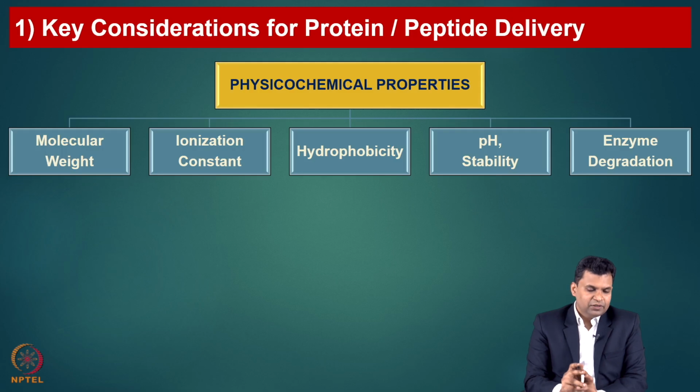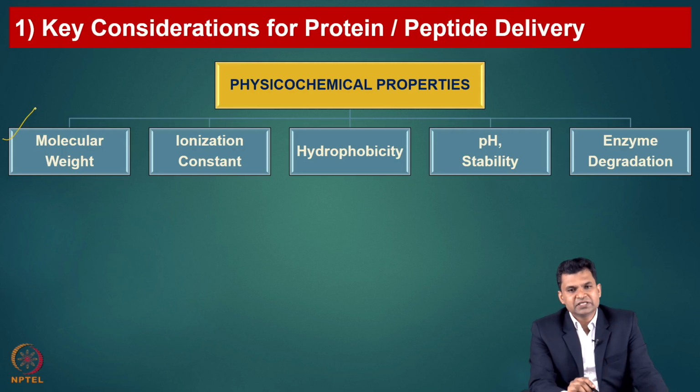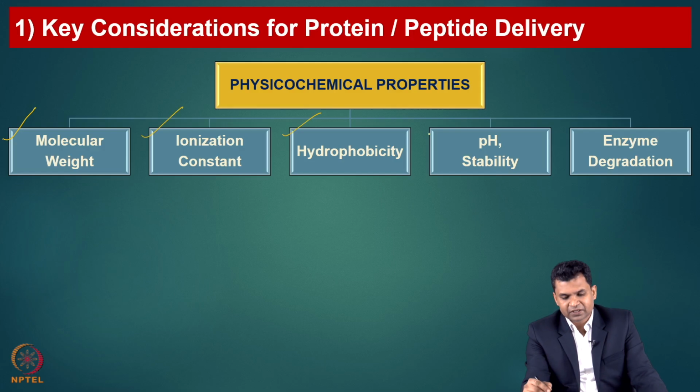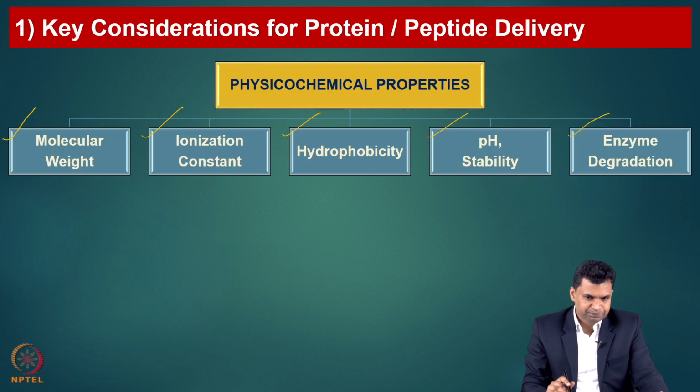We should know the molecular weight of the proteins and peptides, and also ionization constant, hydrophobicity, pH and stability, and enzyme degradation. These are a few important physicochemical properties we need to understand, and based on that we can formulate a novel delivery system.